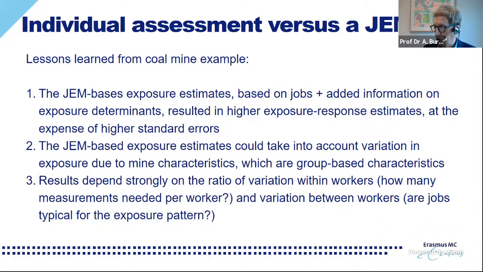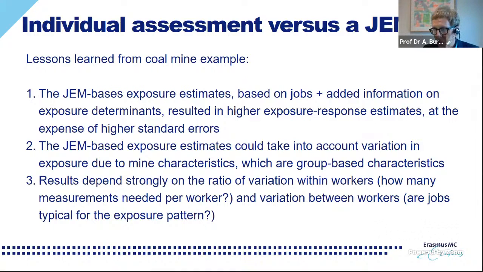What this example also showed is that the job was important, but especially the mine. The mine was very important. There were huge differences between the mines. And the results also showed, I'm not going into too much detail, that the number of measurements per worker was very important, because if you have more measurements per worker, you arrive at a better estimate of the mean exposure of that worker.